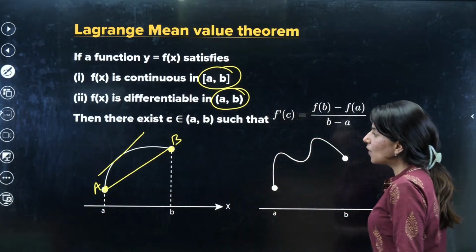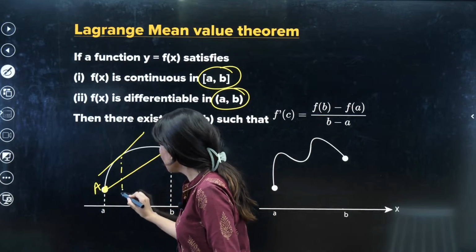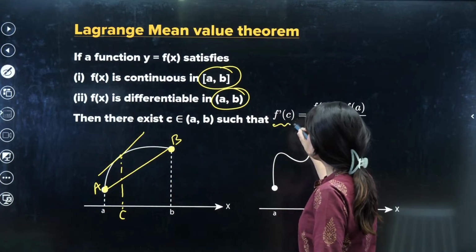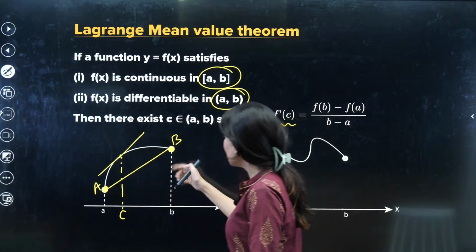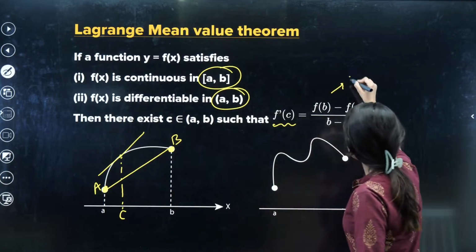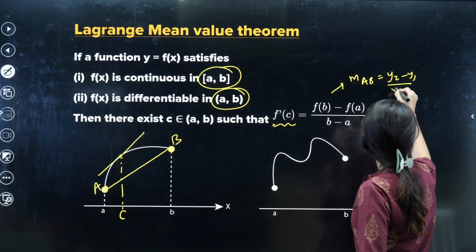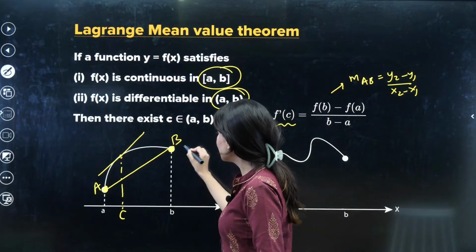So now, how to write this mathematically? Basically the slope of this tangent at C would be f dash C. Can you see, this is the slope of this tangent, f dash C, and this equals the slope of AB. How to write the slope of AB? Tell me. y2 minus y1 upon x2 minus x1. What is y2? That is the value of f of b.